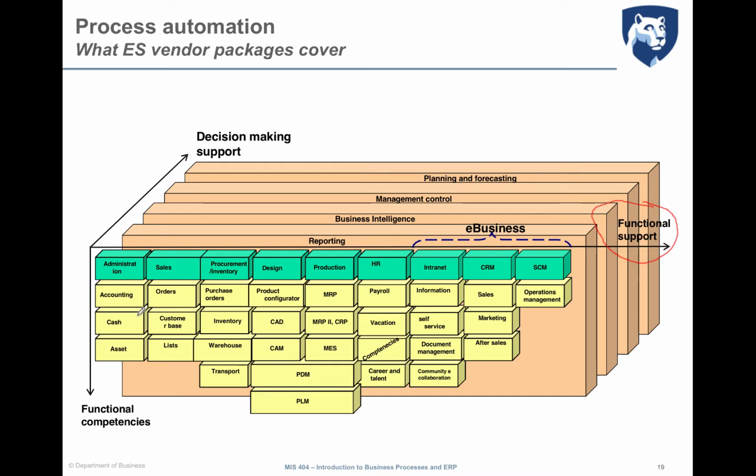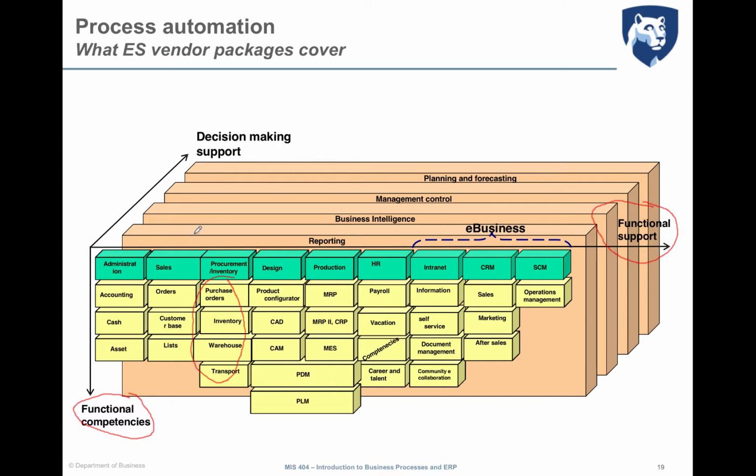Each one can then be deployed in one or more sub-packages, supporting different parts of the process that interest the single department. This is what we call functional competencies. For example, for procurement, we have modules supporting purchase order management, inventory management, warehouse management, and transport management.